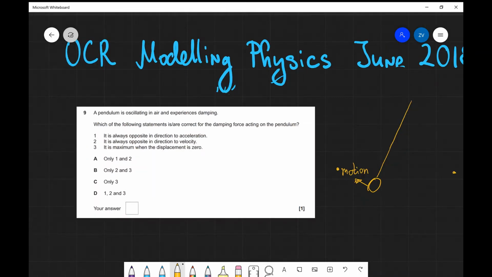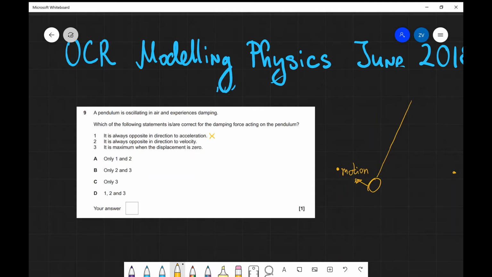Okay, question number 9. A pendulum is oscillating in air and experiences damping. Which of the following statements are correct for the damping force acting on the pendulum? So number 1, it is always opposite in direction to the acceleration. This is actually incorrect.